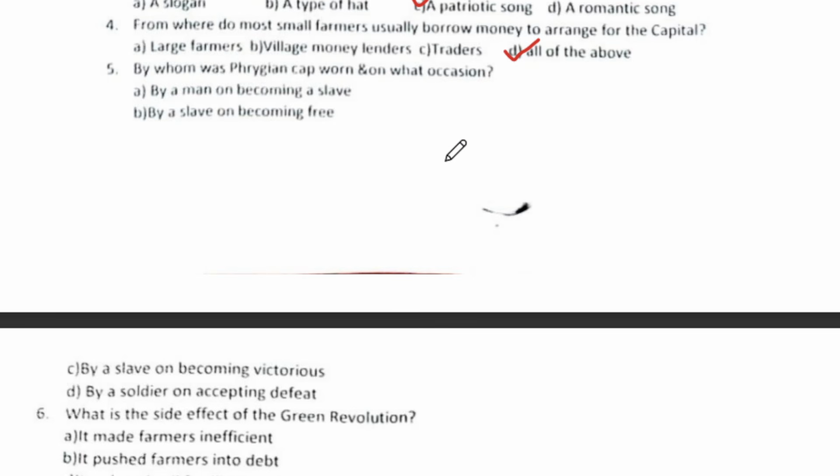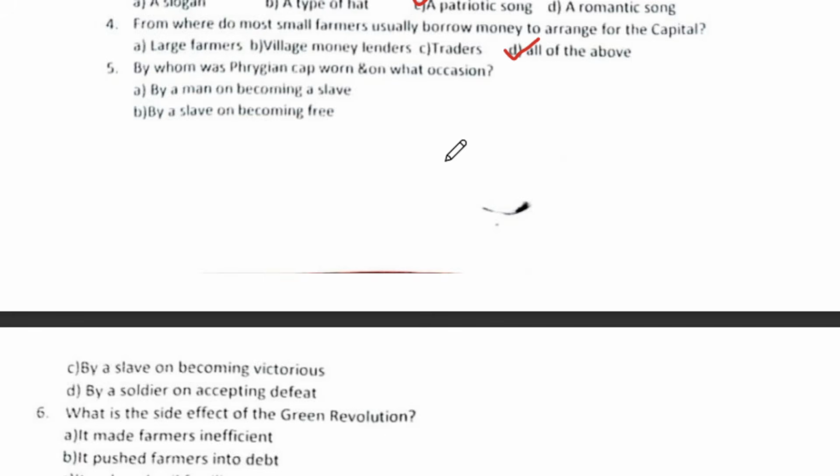Next, by whom was the Phrygian cap worn and on what occasion? We already know what a Phrygian cap is, right? We did study about it. The Phrygian cap was worn by a slave on becoming free. It is a very soft, red cap with the top pulled forward.